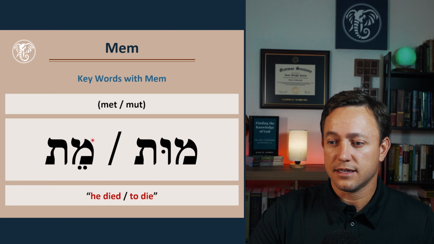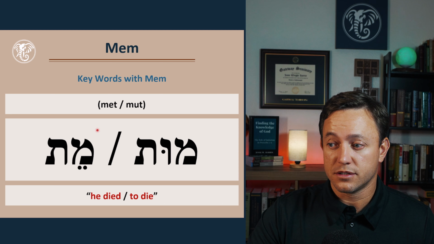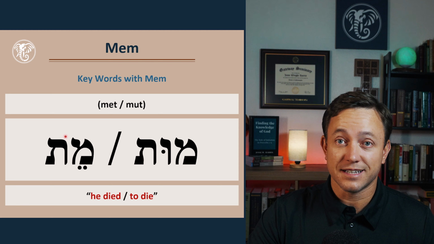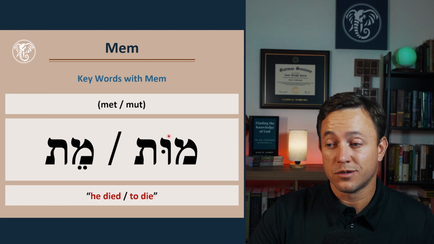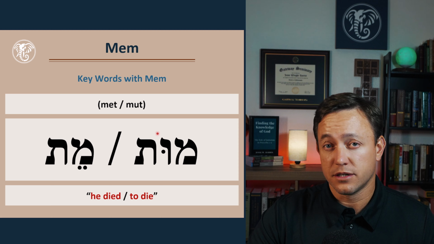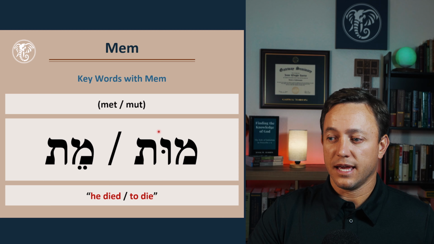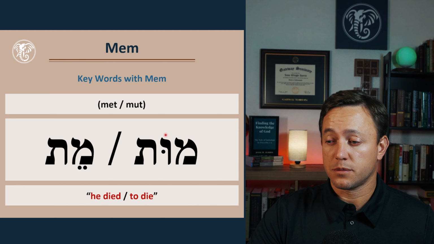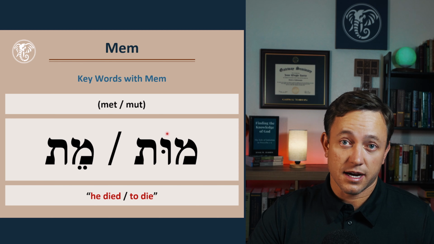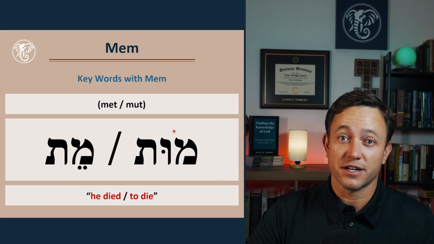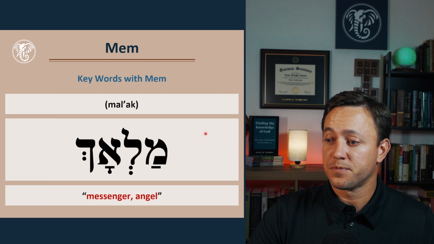And you'll see a lot of different variations of the word to die or death or he died in verb and noun forms, and they overlap a lot, and they sometimes are hard to determine. And so we're going to see some different forms in one of the verses that we look at, but just know this is kind of a challenging word, and so don't get frustrated or dismayed at this word.